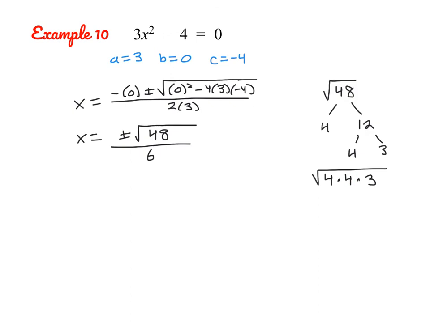This square root of 4 is 2, or you can think of this as square root of 16, which gives you 4. So 4 root 3 is the simplified version. So x equals plus or minus 4 root 3 all over 6. And then since both of these numbers are divisible by 2, we can simplify a little bit more. X equals plus or minus 2 root 3 over 3.